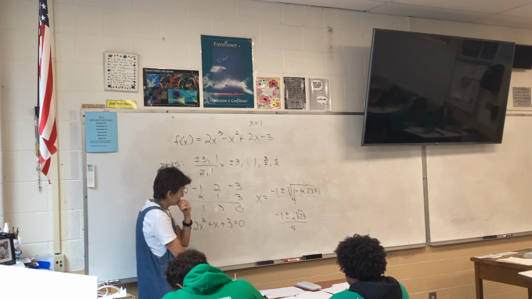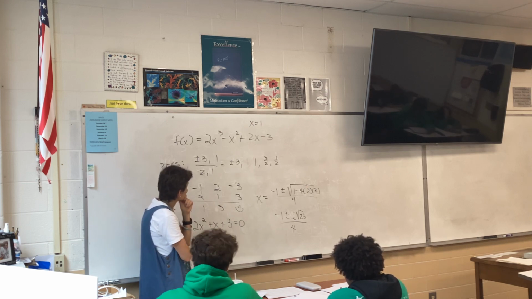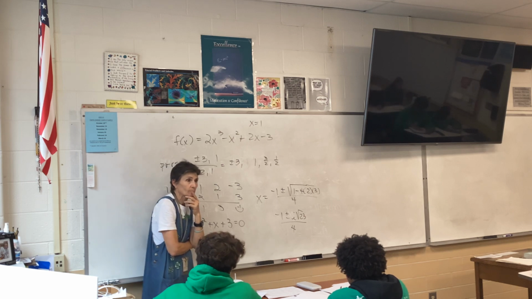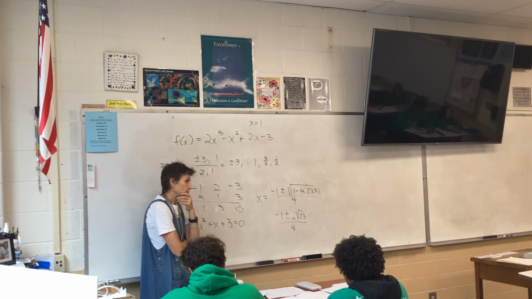I got -1 plus or minus i root 23 over 4. Did I make any other mistakes there? Is that right? I got that. Know what you got? Good deal.